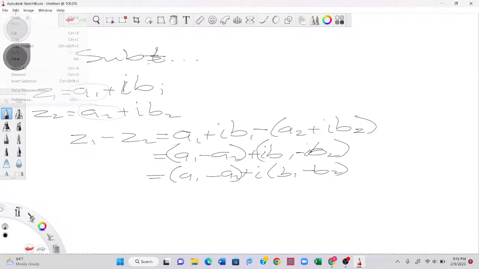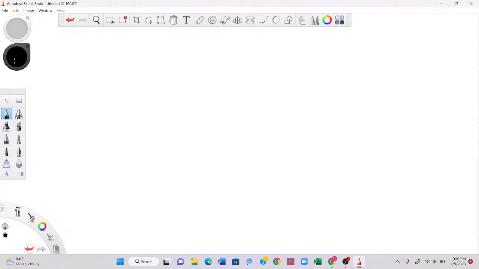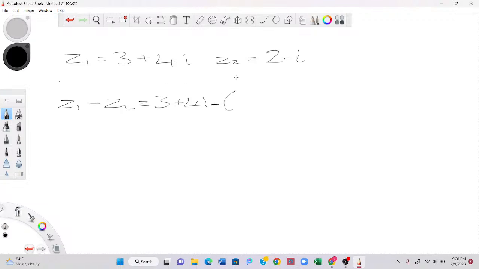So we can take a question for that one too and try our hands on it. Let's pick the questions. Z1 equals 3 plus 4i, Z2 equals 2 minus i. So Z1 minus Z2 becomes 3 plus 4i minus (2 minus i). The negative is affecting the whole of Z2, that's why I brought a bracket. You have to be very careful.